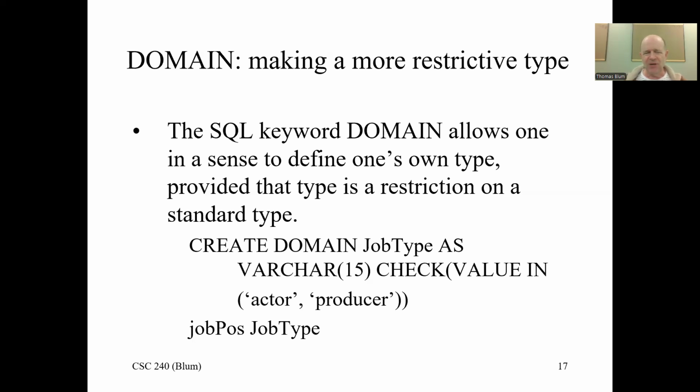So here's just an example. We have the keyword domain, so we can make our own. We're sort of defining our own type. I'm creating a domain, so I can say create domain job type as, and then check that it's in this set of things.